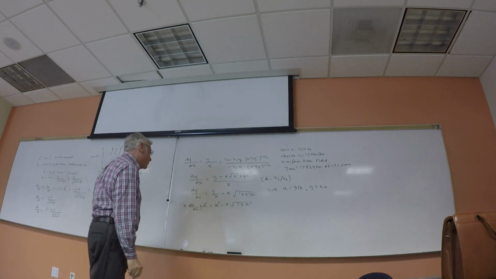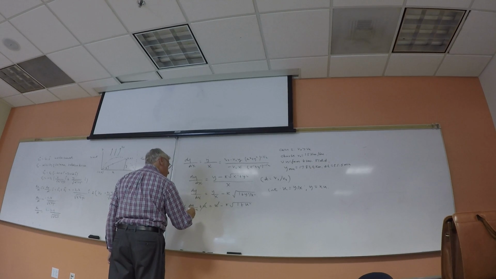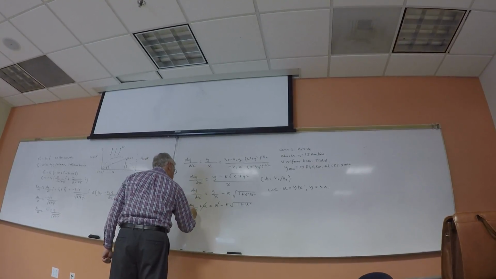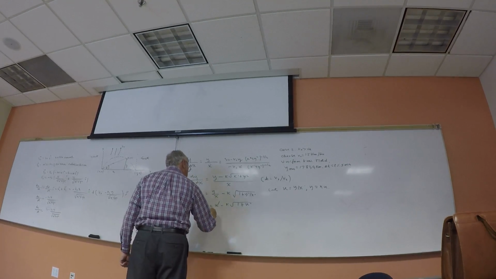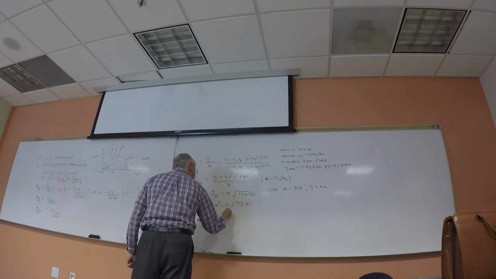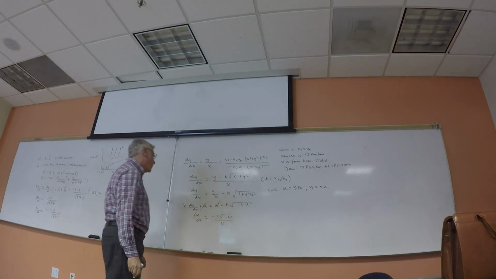Okay? So I get du/dx equal to minus k, the square root of 1 plus u squared, divided by x.